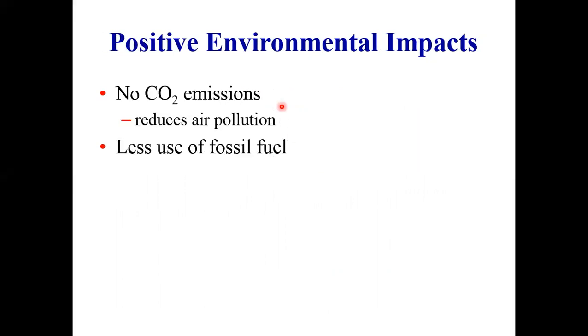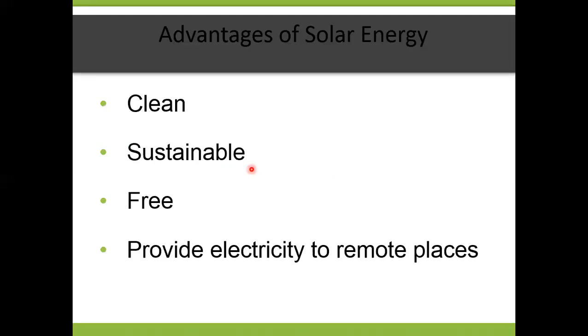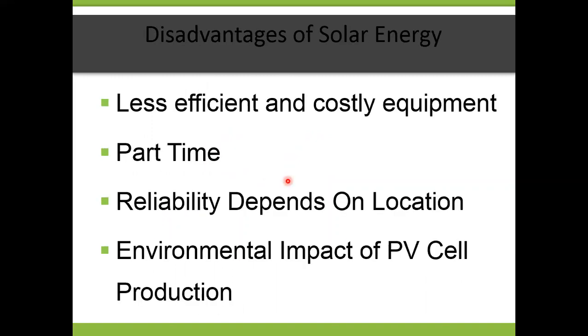The positive environmental impact is that there are no CO2 emissions, reduced air pollution, and less use of fossil fuel. The advantage is that it is clean, sustainable, available free, and provides electricity to remote areas. The disadvantage is that it is less efficient and has costly equipment. We will be using it as a part-time source.